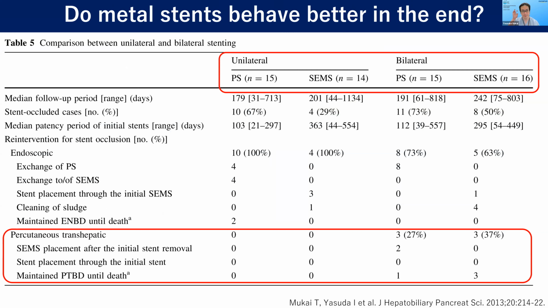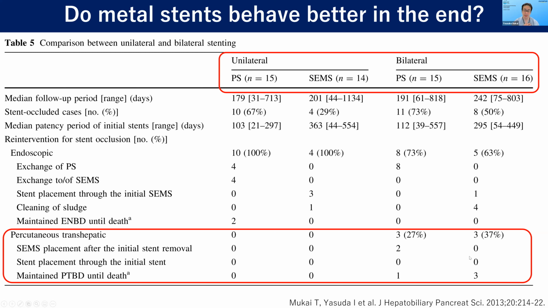And we also have to think about the later stage of the patients. If you put bilateral metal stents, in the end, we need a PTBD in 37% of the patients, and we couldn't remove the PTBD until this.